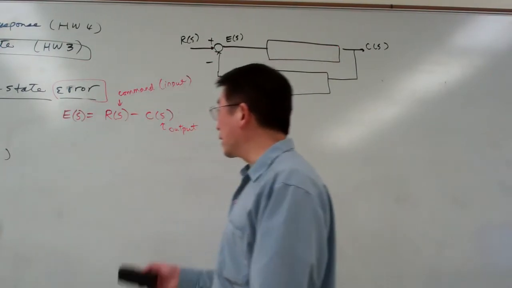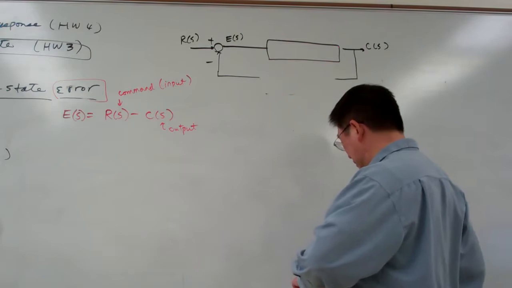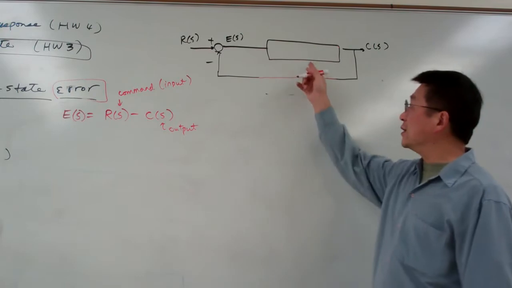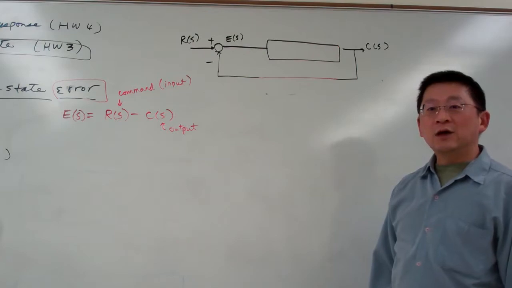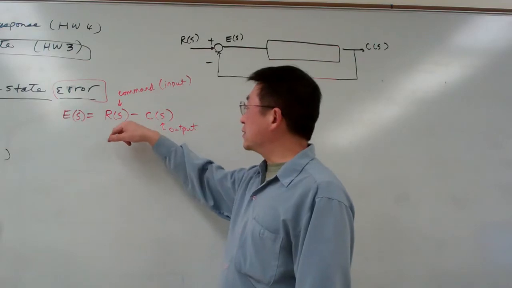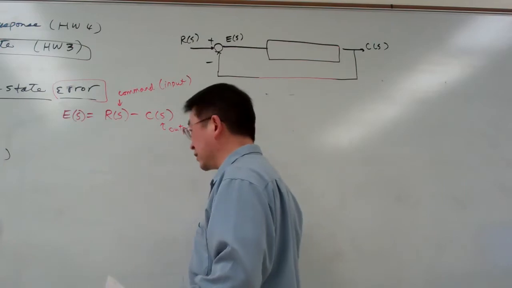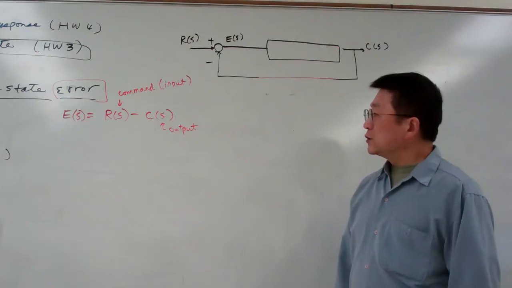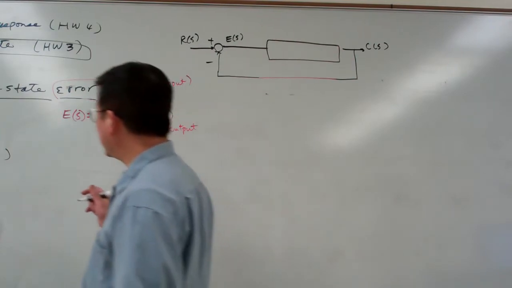Maybe the best way to describe it is this: if I change this into a unity feedback, then this configuration fits exactly. So when we calculate steady state error, we simply want to calculate the eventual discrepancy between the input and output. I hope we unify the language we talk about here.